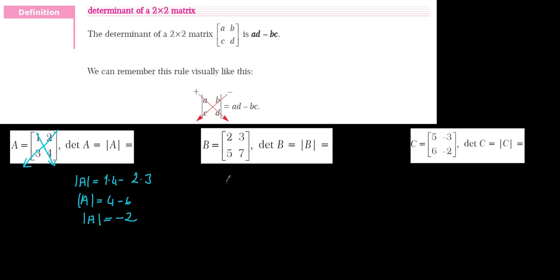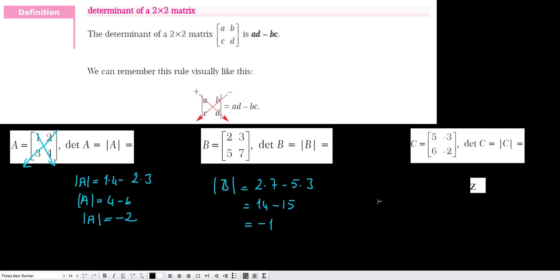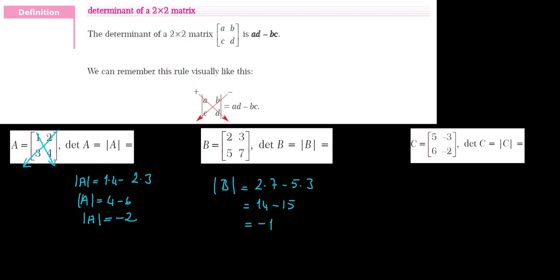For the matrix B, the determinant of B is 2 times 7 minus 5 times 3, which is 14 minus 15, which is equal to -1. You can continue with the last one.